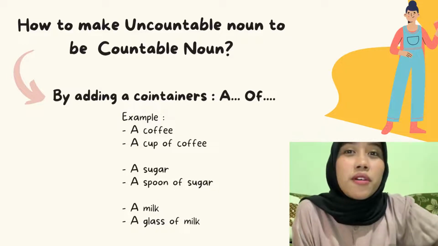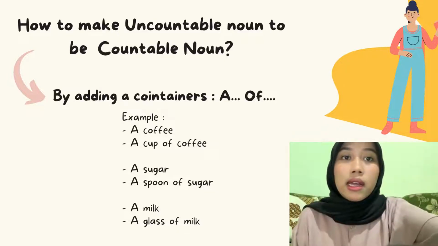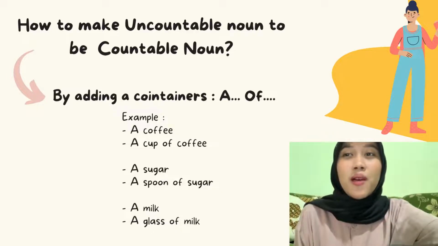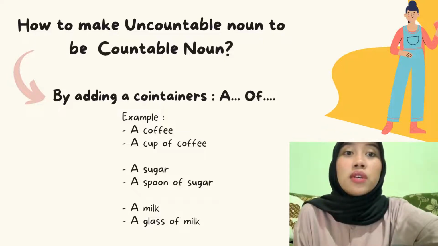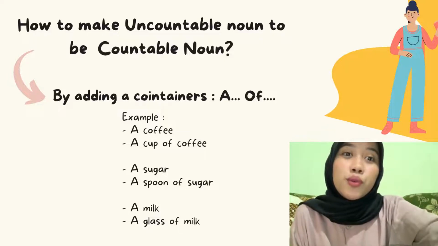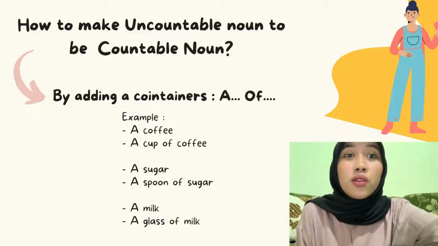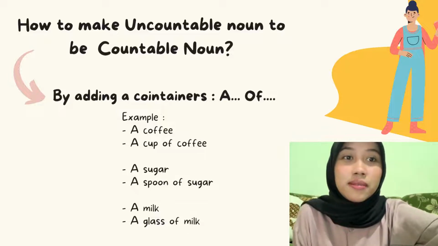A cup of coffee, it's already a countable noun. Another example for uncountable noun is sugar, but if you want to change it into a countable noun, you just add a spoon of sugar. Or another one is milk, you can say a glass of milk for countable noun.